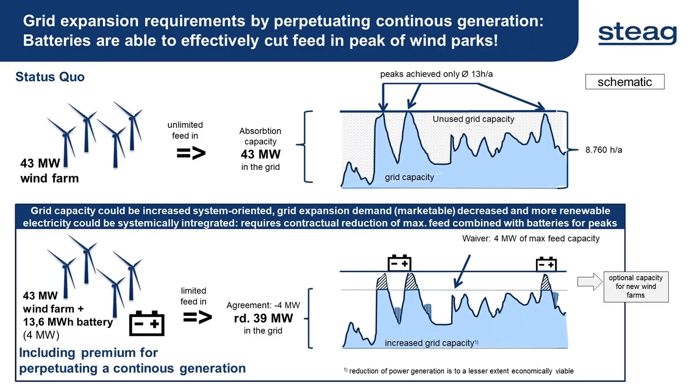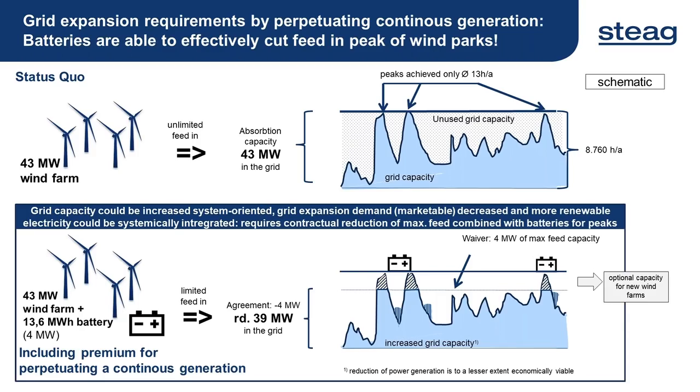Then there is an incentive to install the battery at the site of the wind farm. In the end, the reduced capacity will increase the renewable feed-in under a congestion scenario, because there is more capacity for new wind farms in the grid.